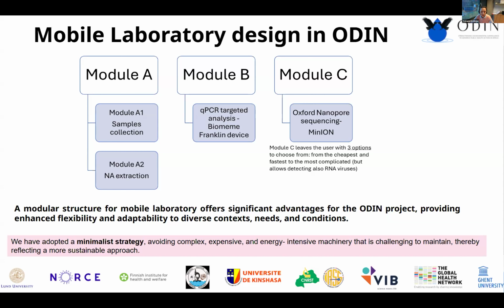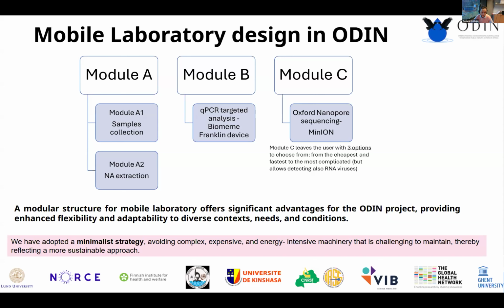Module C integrates components for high-throughput sequencing, and here it leaves the user 3 options to choose from, from the cheapest and fastest to the most complicated, which also allows detection of RNA viruses.